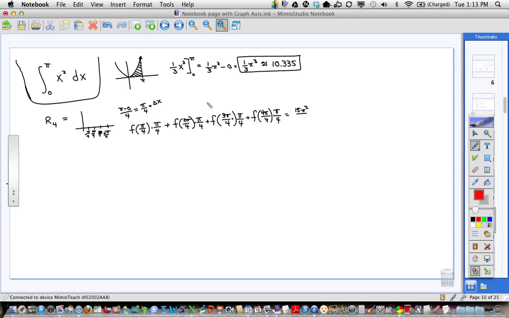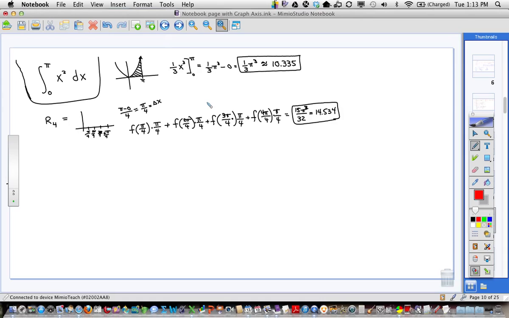Well, it's going to be pi cubed then, over 32. Right? And then what is that as a decimal? 14 sounds better. 5, 3, 4, 5. Now that's too big, right? Compared to our actual answer.